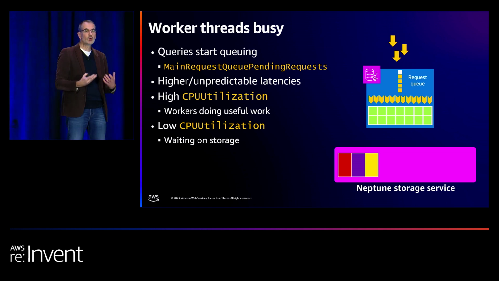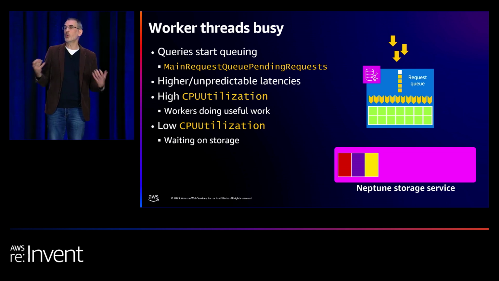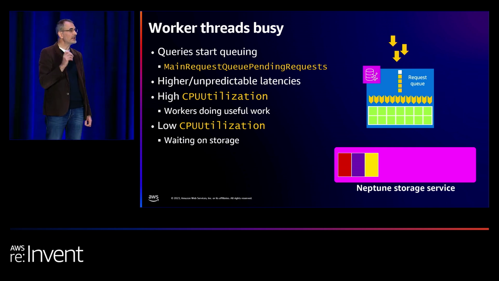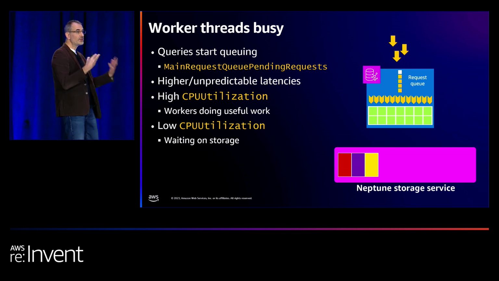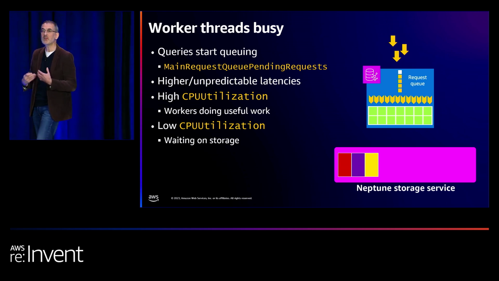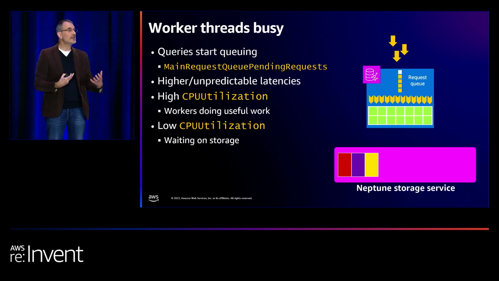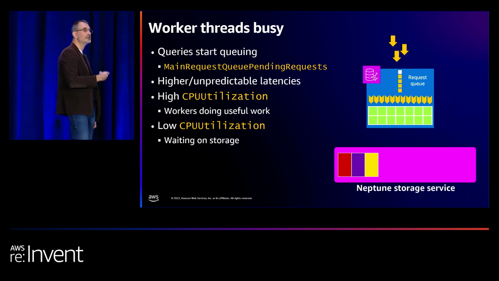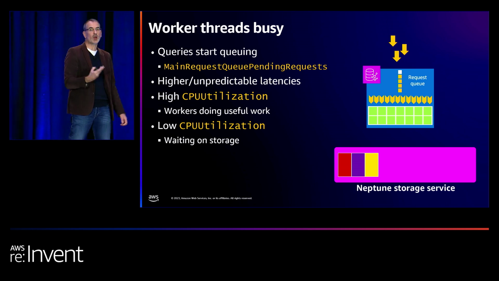So this is probably a good indicator that you need to scale for more worker threads, for more CPU. If that CPU utilization is pretty low, 50% or lower, all those threads are perhaps busy, but they're perhaps waiting for data to come back from storage. It may be that they don't have the data available to them that they need to process to compute a result, so they're waiting for data to come back from storage. So there's a kind of network I/O wait.